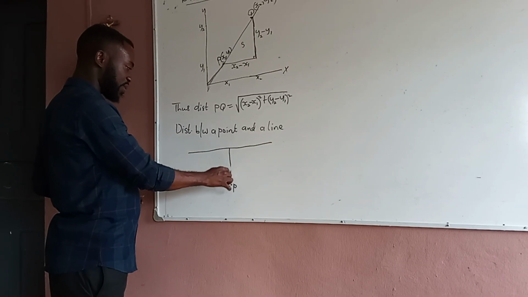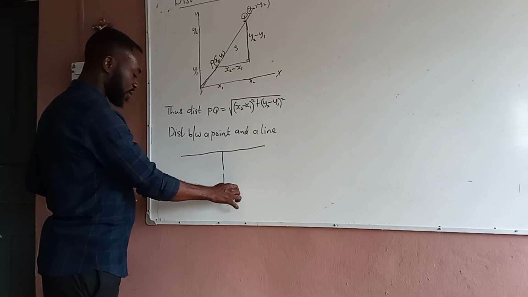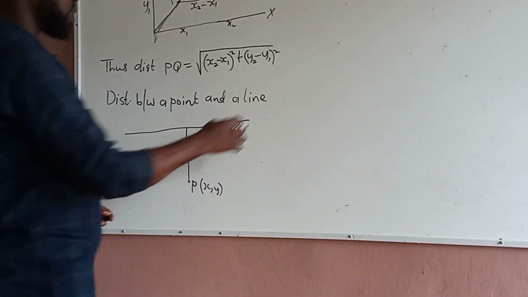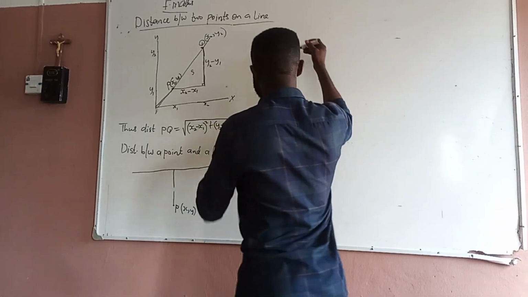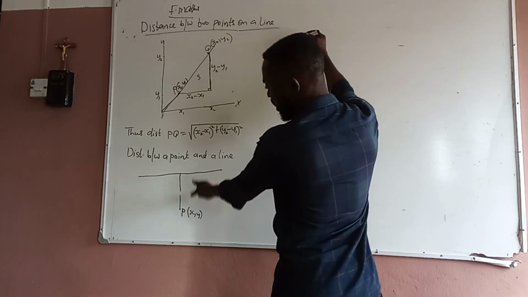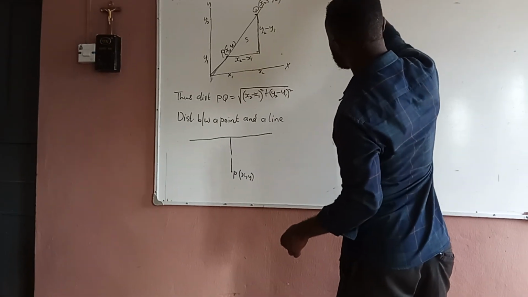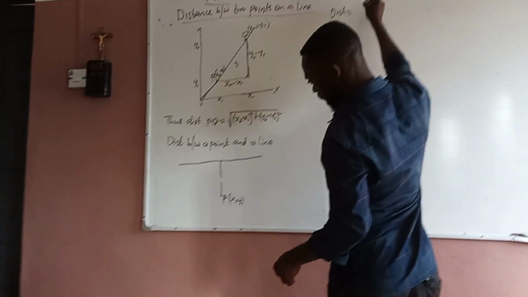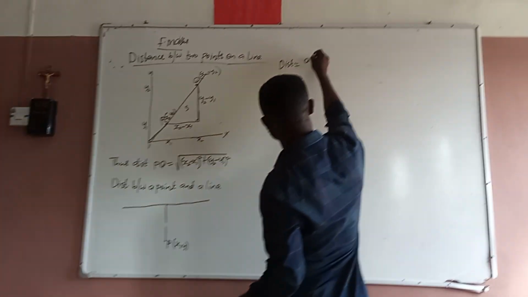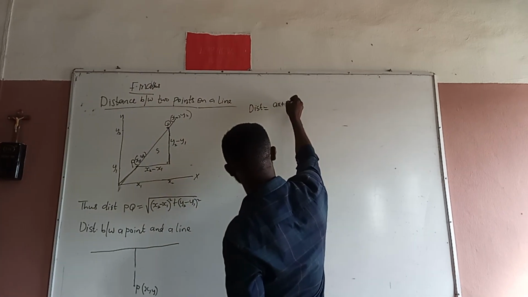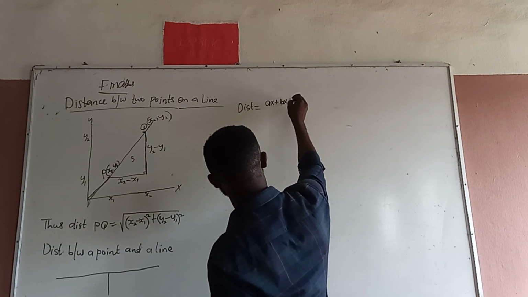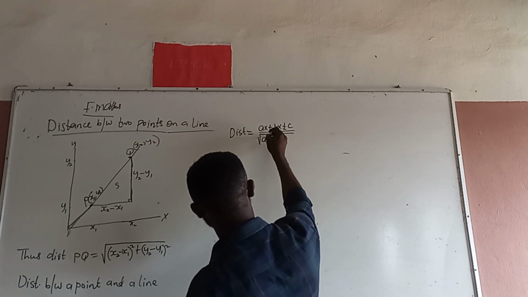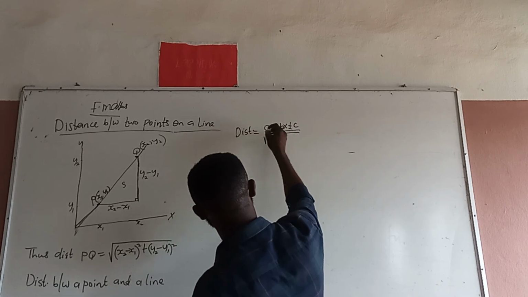Look at the point here. The distance between a point and a line is given by, amending this relationship, the distance between the point and the line as ax plus by plus or minus c, divided by the square root of a squared plus b squared.